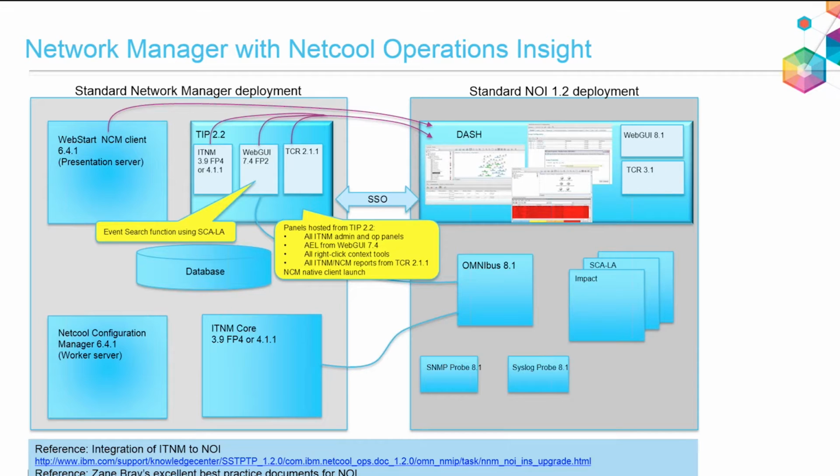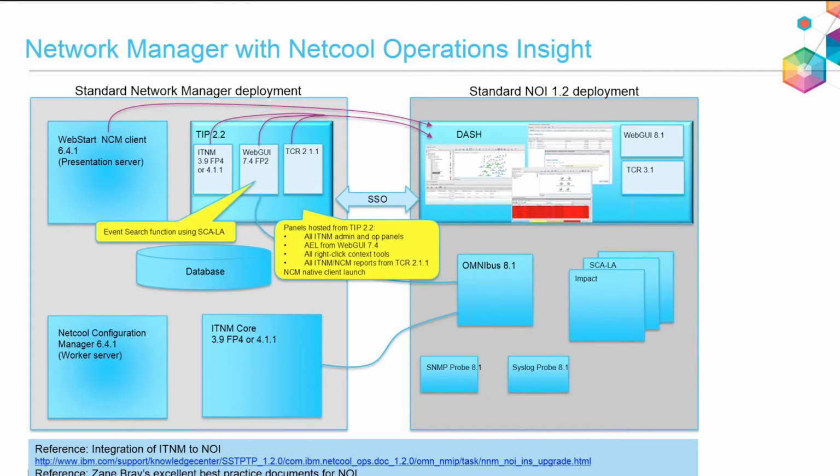If we look at the slide here, on the right-hand side we've got the actual NOI, what we call the Network Operations Insight, which includes Dash, the latest Omnibus, Impact, and analytics. Now, to hook up Network Manager, you hook up to the new Omnibus, so it's just a reconfiguration.